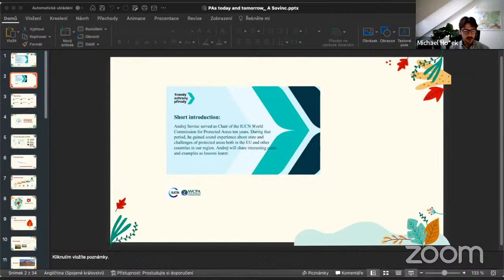Your specialty is the West Balkan countries, also because there is no language barrier for you. Today we invited you to share with us your vast experience about protected areas and their management, implementation, reporting, and monitoring at the European scale. So Andrej, the floor is yours.